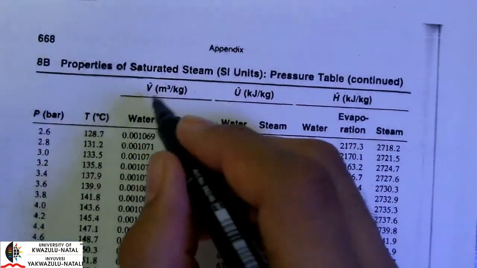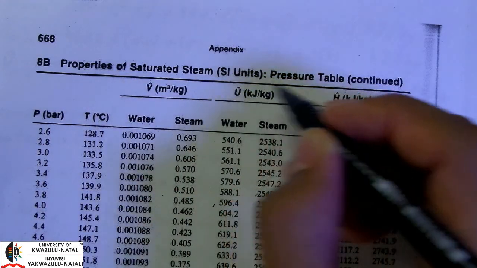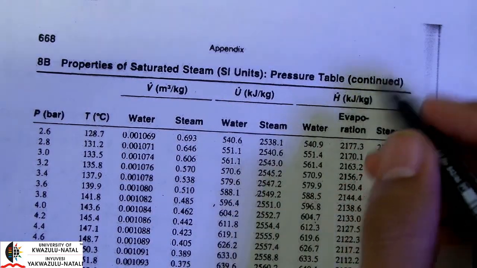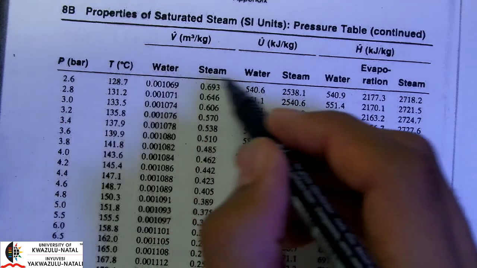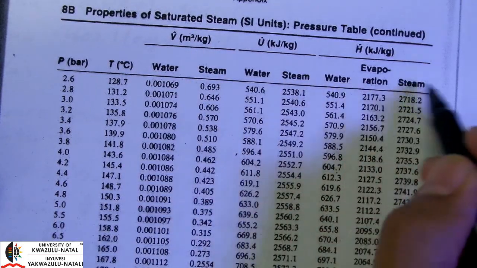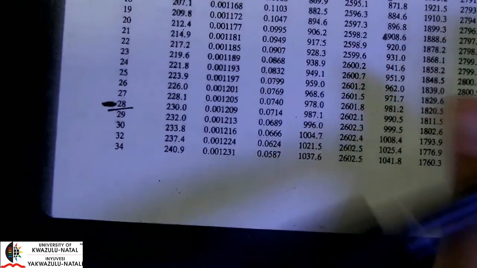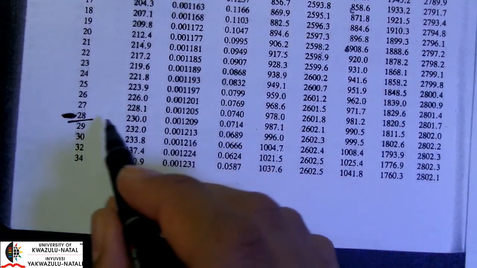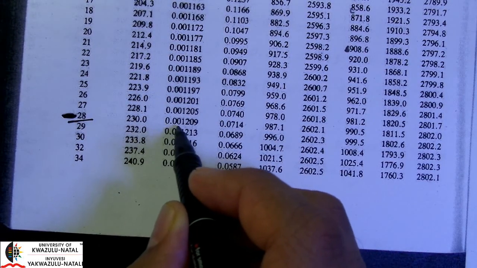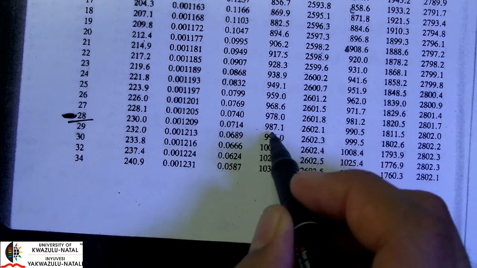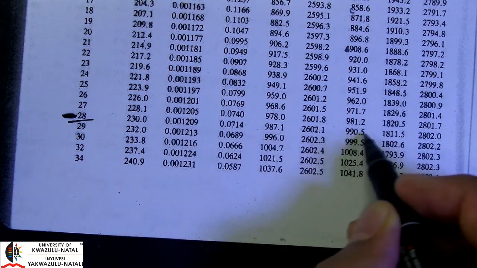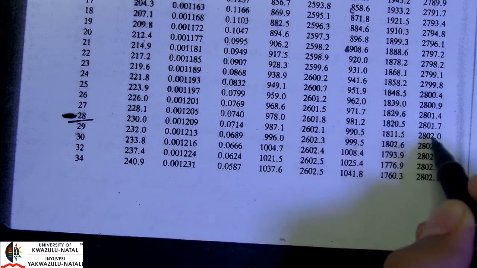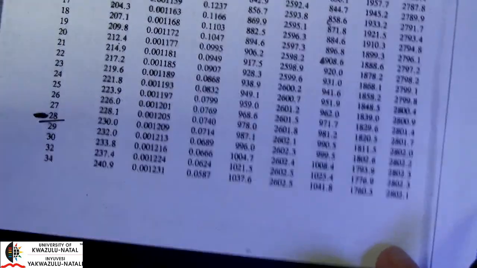Remember we have our specific volume, internal energy, and specific enthalpy for saturated liquid and vapor for each. So we can immediately obtain, this is our VL and VV, this is UL and UV, and this is our HL and HV.